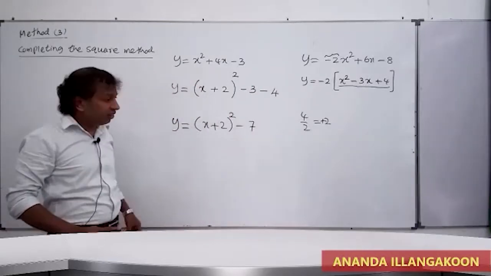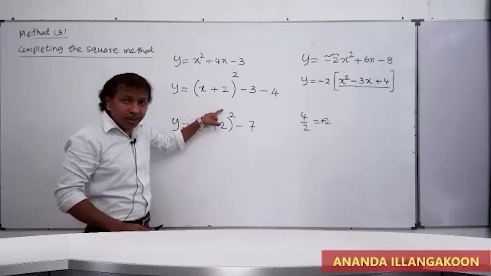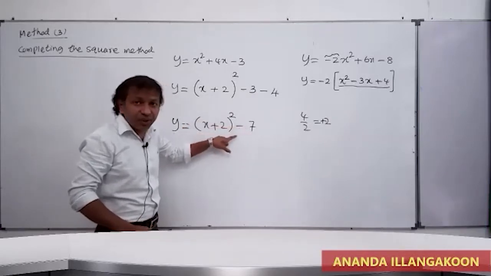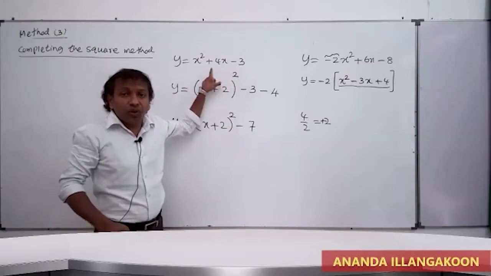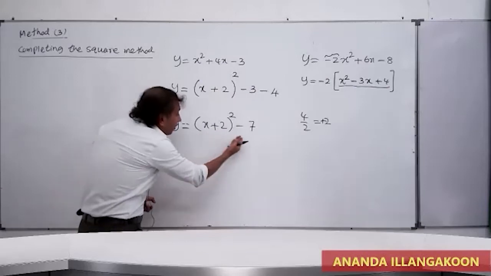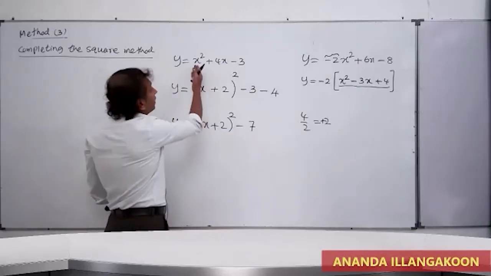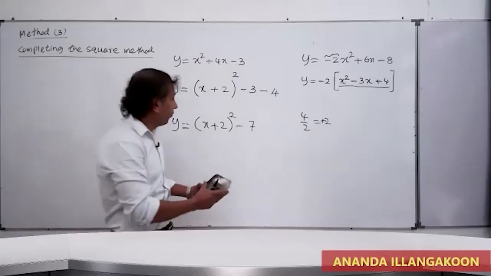Now see here, instead of these 3 terms, we have a perfect square, after that a minus sign. This is called the completed square of the trinomial or this expression. People, once you simplify this, again we get the original. How? Let's see.